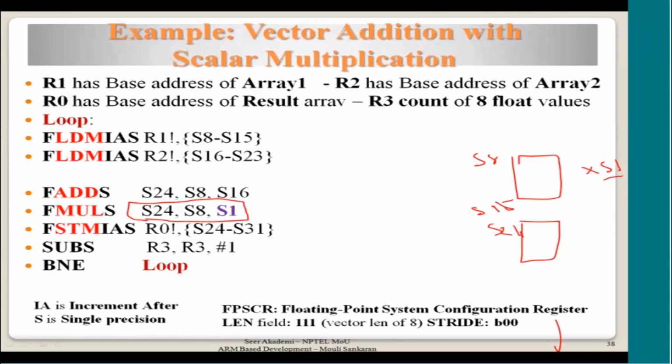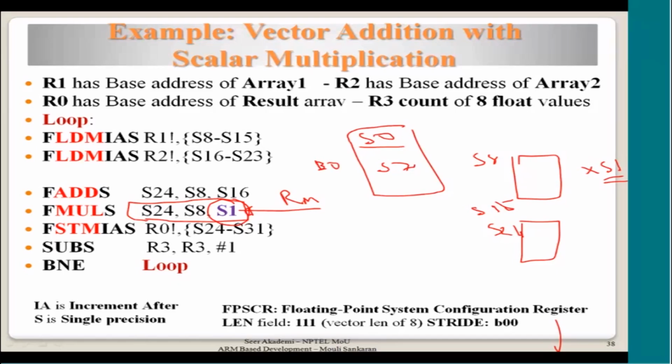S1 belongs to which bank? S0 to S7 belongs to bank 0. So if one of the operands, especially the RM operand, as with RN and RM if you remember from the ARM days, belongs to bank 0, then it is a scalar register.